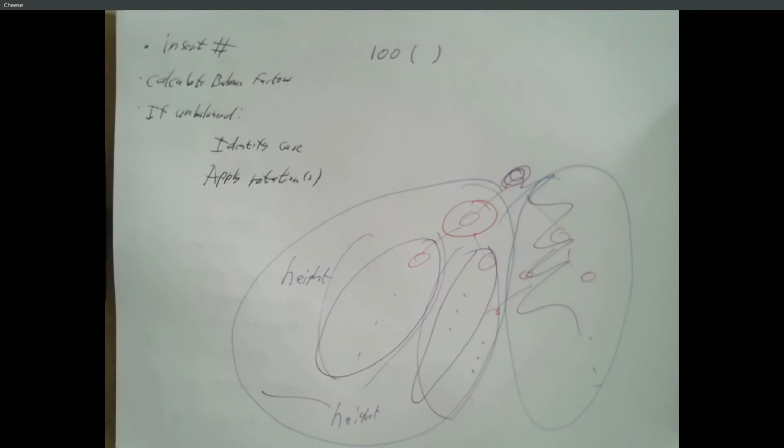I'll put some possibly useful reminders up here. Balance factor of a node n equals the height of n left minus the height of n right.